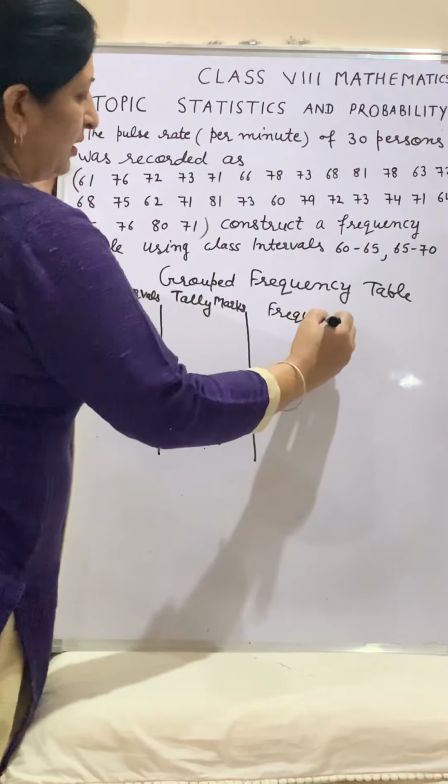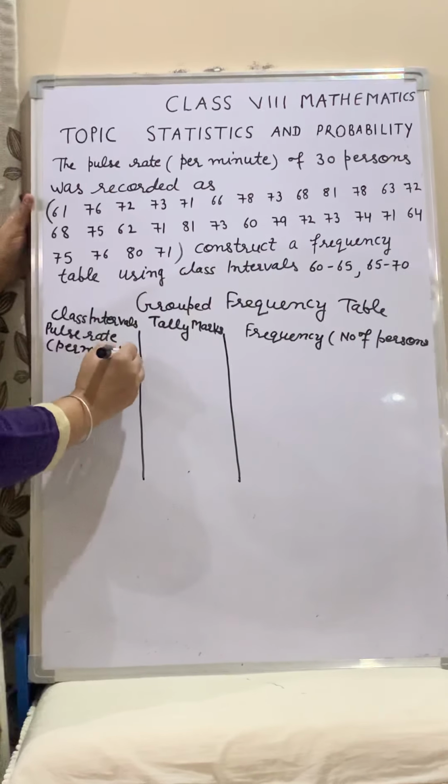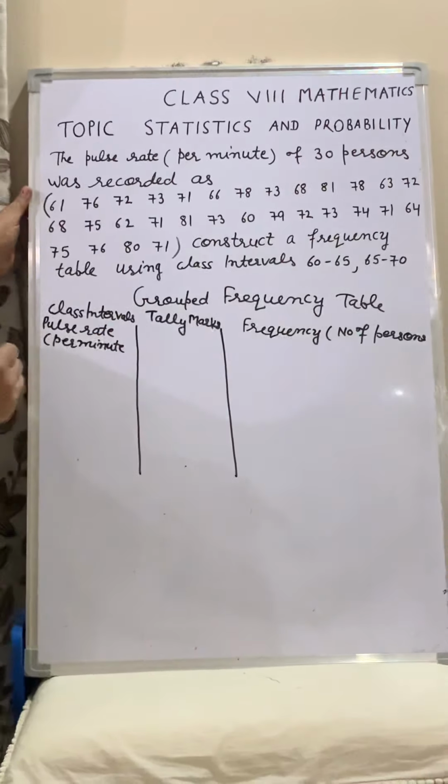In the first column you can write class interval or groups, or pulse rate per minute. Observe in this table what the lowest score is.